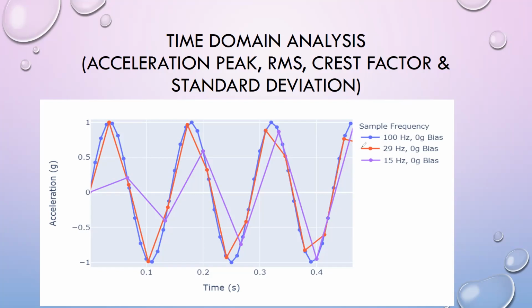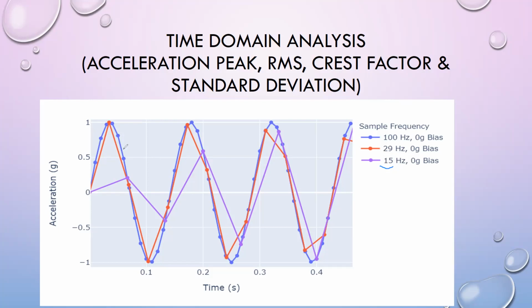But when we have 29 hertz, it means that each second we record the data 29 times, and finally for the last one, which is 15 hertz, we only record 15 times in 1 second.